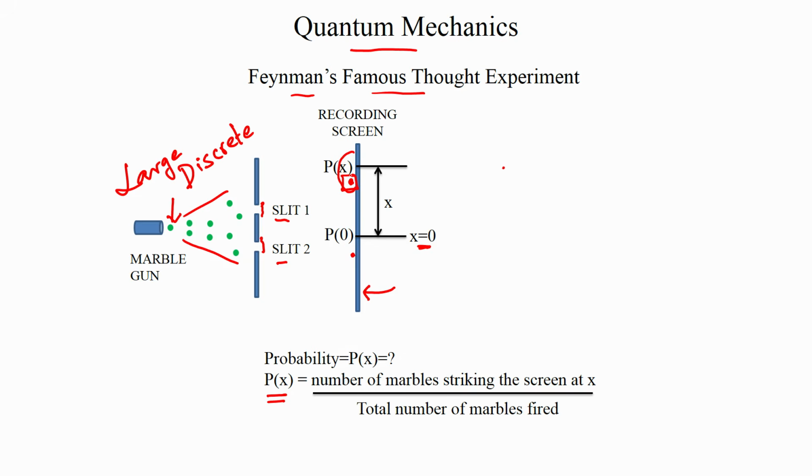A simple way to estimate this probability is by counting the number of marbles that impacted the screen at this point divided by the total number of marbles fired from this gun. It's a very simple way of imagining this. So I want to get a distribution of the impact profile on the screen. That's the simple experiment.